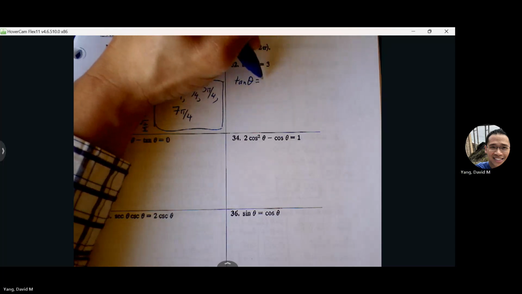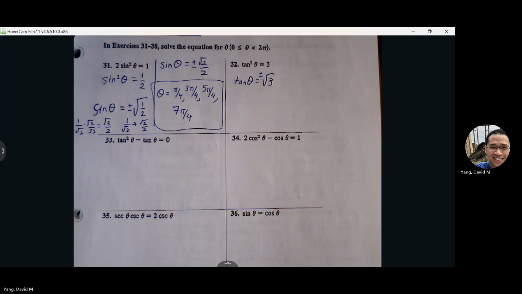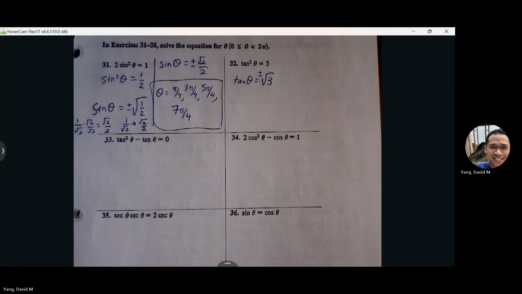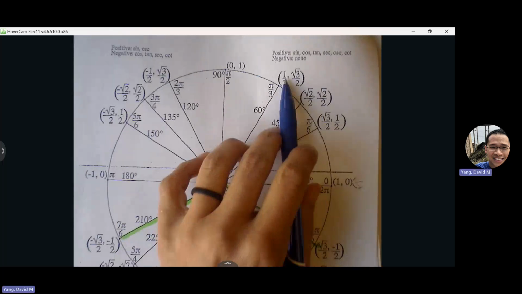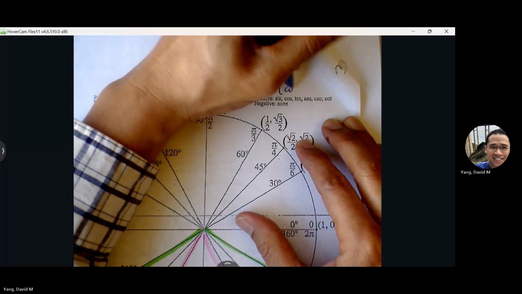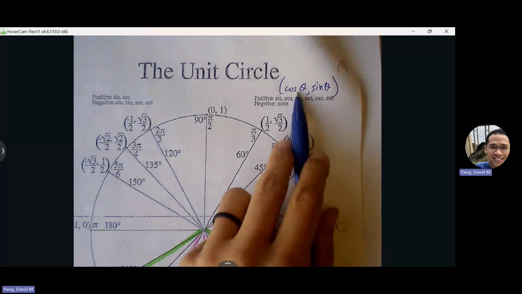Okay, tangent squared theta equals 3. Solve for tangent. We're looking for plus or minus root 3 for tangent. So root 3, we know that tangent is sine over cosine or y over x.